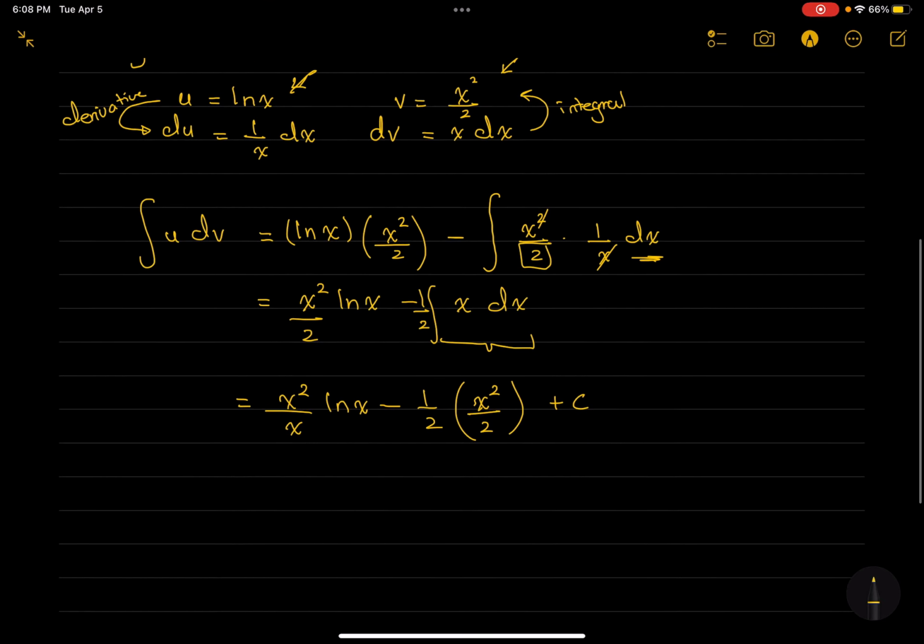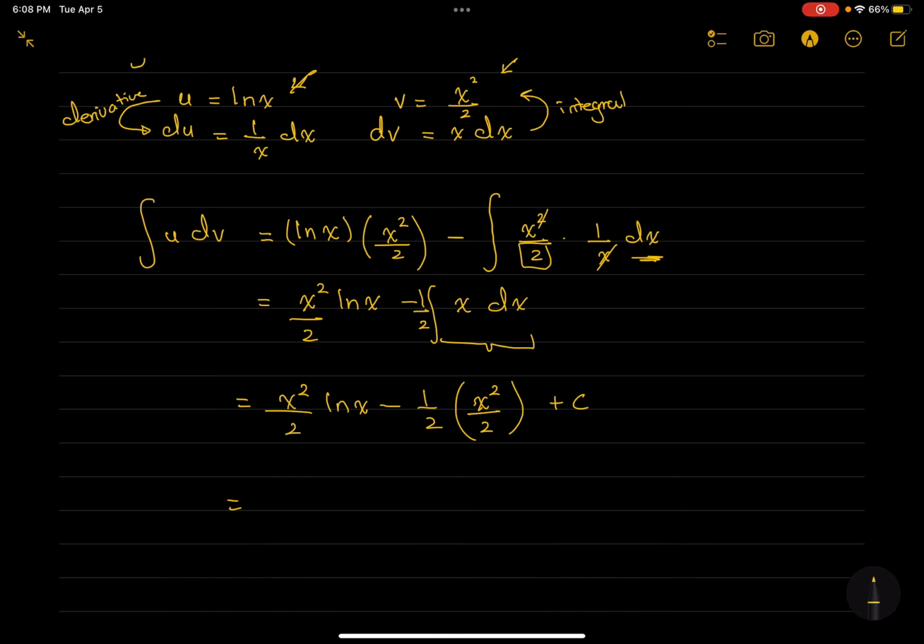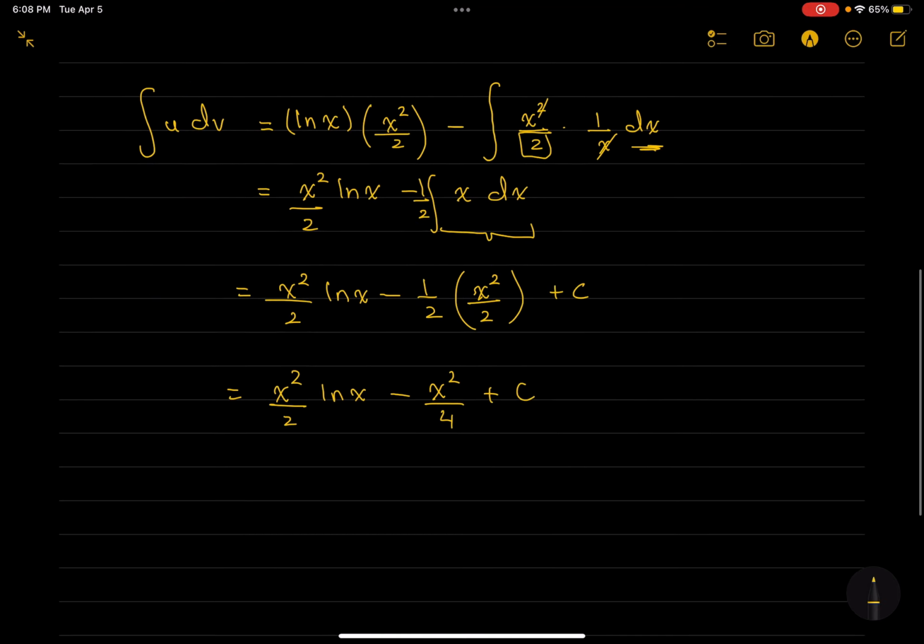Because it's not a finite derivative. I think I made a mistake there. It's x squared over 2, not x. Okay, now just simplifying, we got x squared over 2 ln x minus x squared over 4 plus c. And this is the final answer for the question.